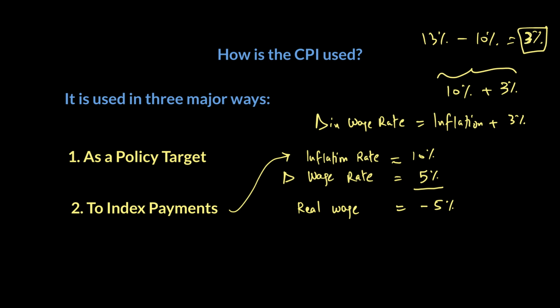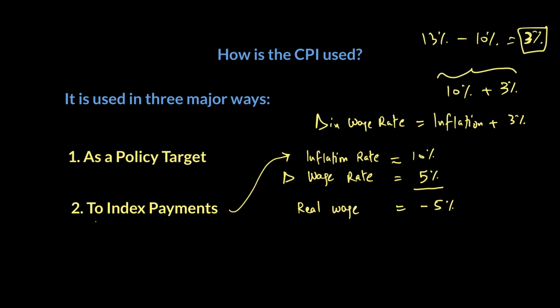So indexation basically means any income is indexed to make up for the loss of purchasing power by making it linked to what we call our inflation rate. And this is a great way to protect people from any loss of purchasing power that can happen because of inflation.